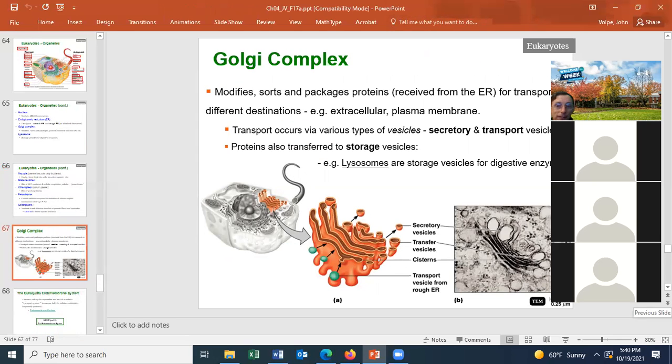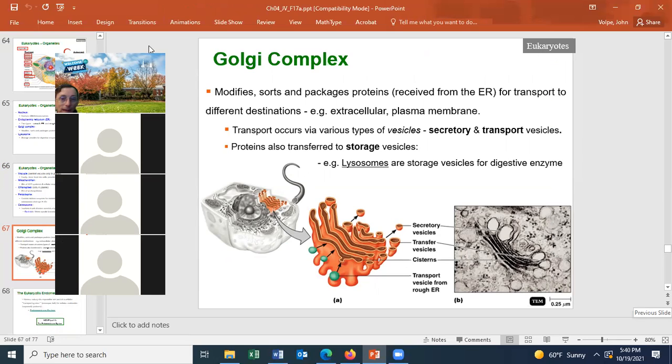The Golgi complex is found in both plant and animal cells. What it does is it receives packages of proteins that come from the endoplasmic reticulum, or ER. The Golgi complex modifies, sorts, and then packages those proteins up. Once they're packaged up, the protein will leave the Golgi complex and move to where it's supposed to be, either inside the cell by using a vesicle to move it from one location, the Golgi complex, to another.